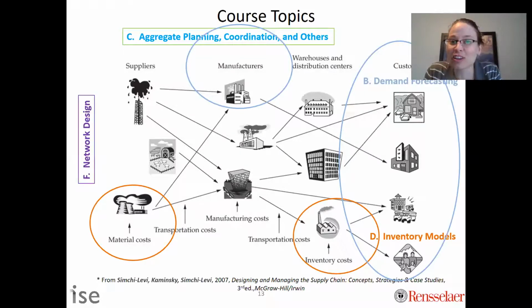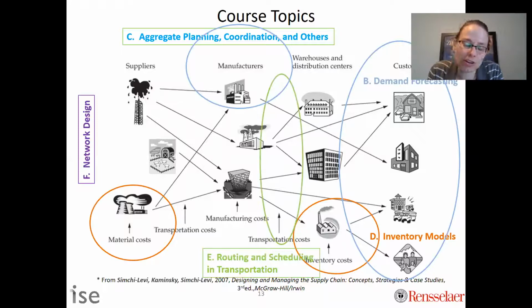Then we talked about network design. What should this look like? Where should we locate facilities? How should those facilities allocate the resources they have to demand and supply, et cetera? We didn't spend as much time this semester on transportation, but transportation is a component of network design. When you think about network design, you could either have lots of facilities and lower transportation costs, or not too many facilities and higher transportation costs.